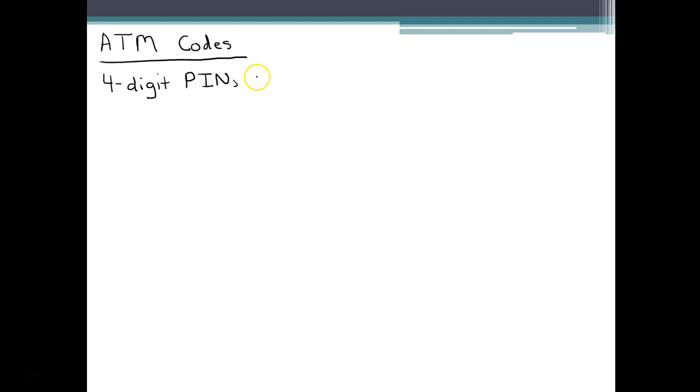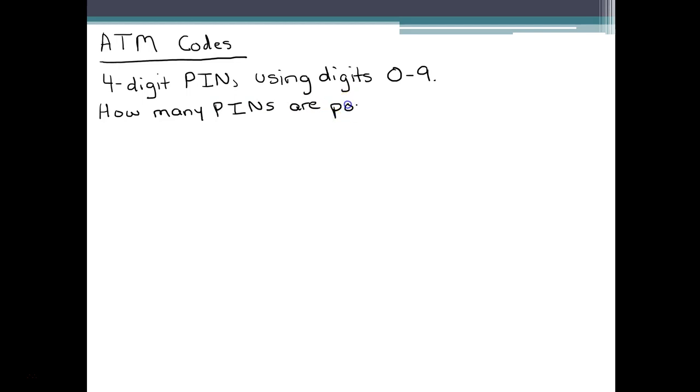When you make up your PIN, you can use digits 0 through 9. So how many PINs are possible if repetition is permitted?